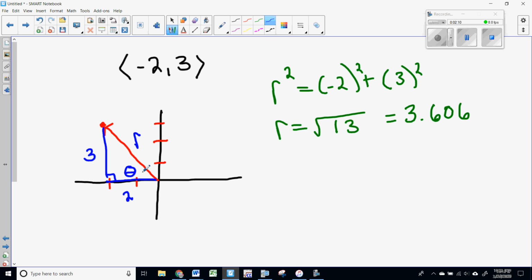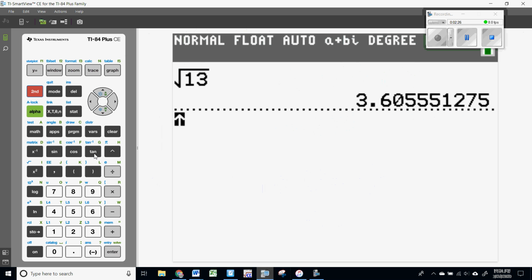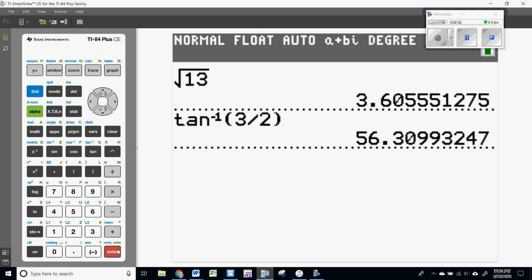If I want to find the angle, I just do that with inverse tangent. So tangent is 3/2. Notice I'm not using the negatives here really. That doesn't really affect me too much, and you'll see how in a second. So now if I go to the calculator, I just do inverse tangent of 3 divided by 2, and I get 56.31.